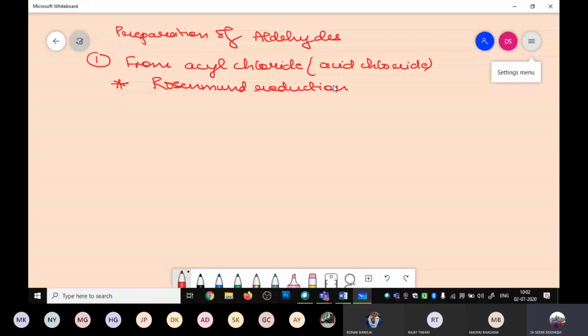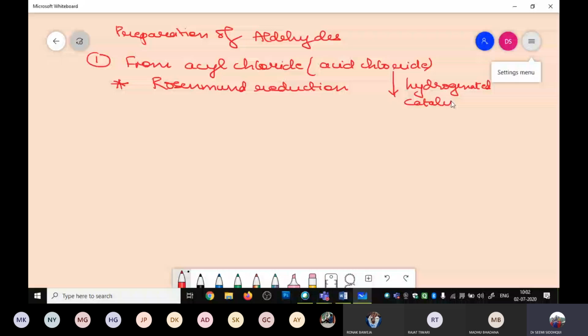In the Rosenmund reduction, your acid chloride is hydrogenated. It undergoes hydrogenation, and that hydrogenation is done over a catalyst, which means you require a catalyst here.